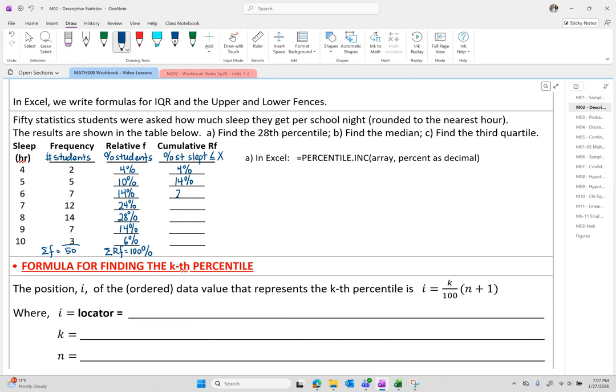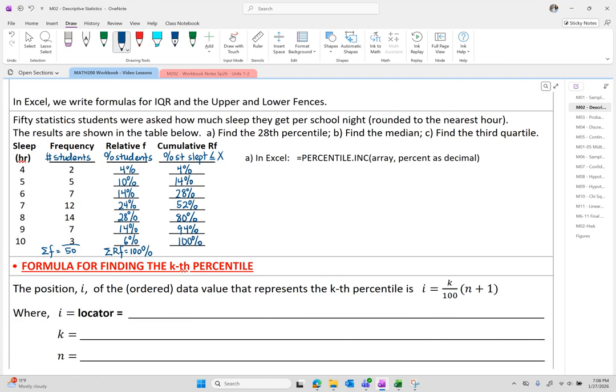And then 28% slept 6 hours or 5 hours or 4 hours. And then 52% slept 7 or less hours. And then 80% slept 8 or less hours, and 94% slept 9 or less hours, and 100% slept 10 or less hours.